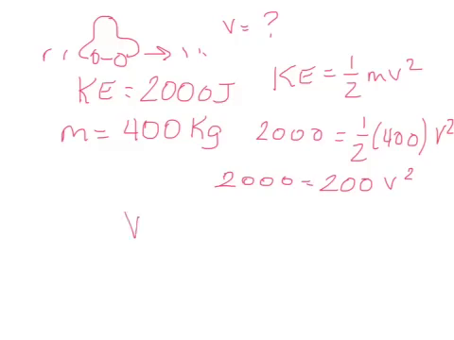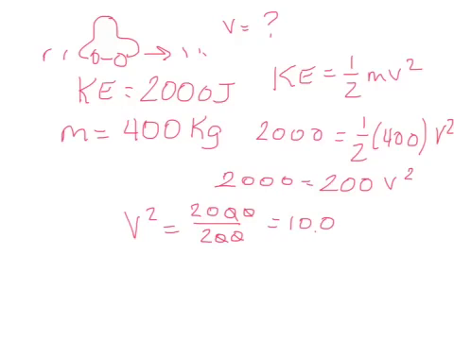So velocity squared is equal to 2,000 divided by 200, which is 100, or let's see, no, it's 10.